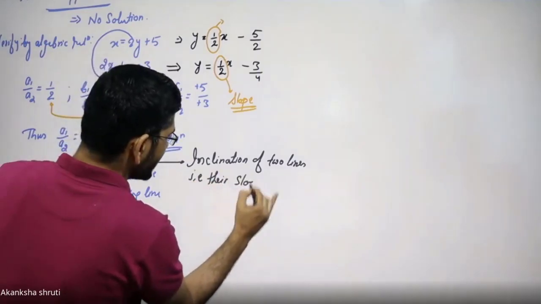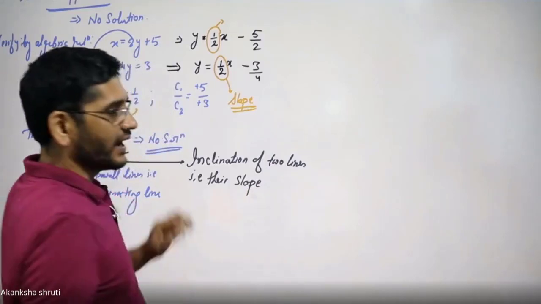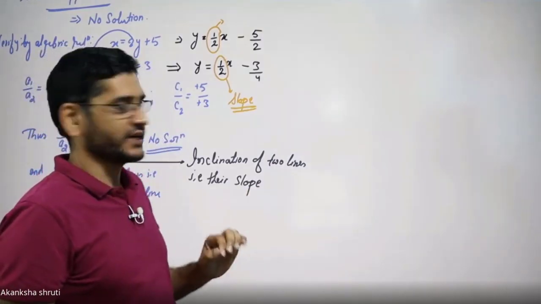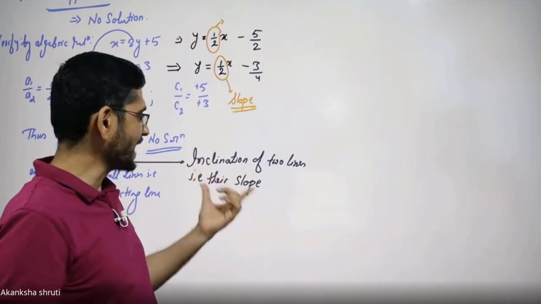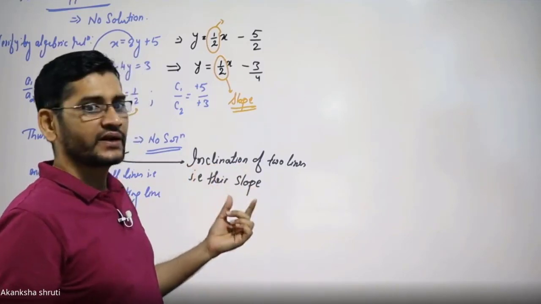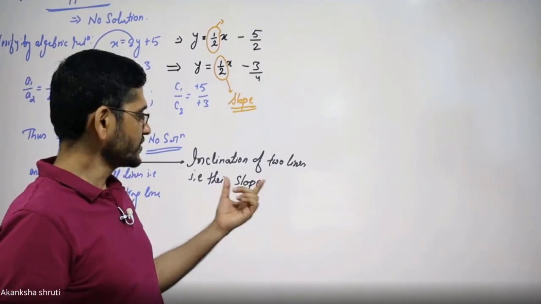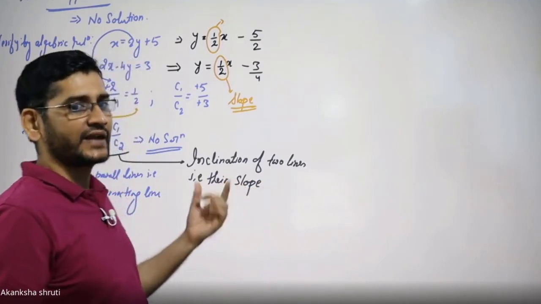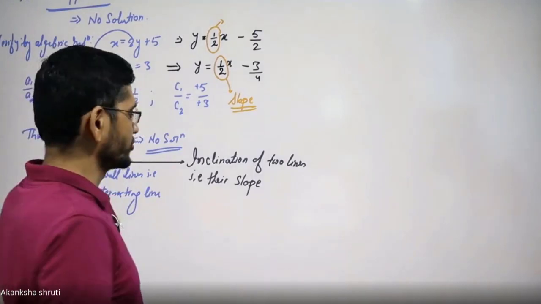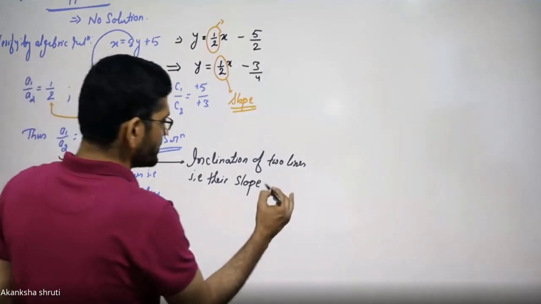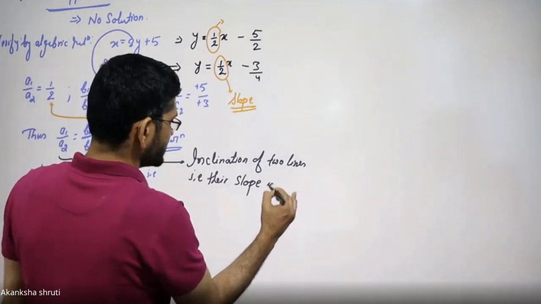This inclination is expressed in terms of angle in maths. Inclination is simply an English word, but to express it in maths we quantify everything. So in terms of theta, and their tan is taken. Why not only theta? That we will learn in trigonometry. So their slope is the same.